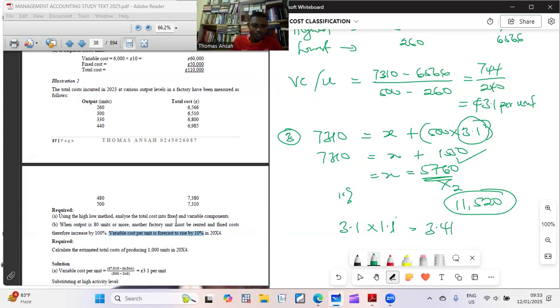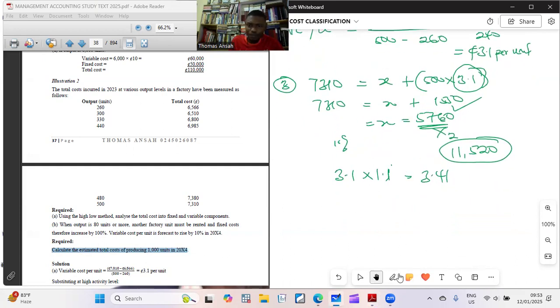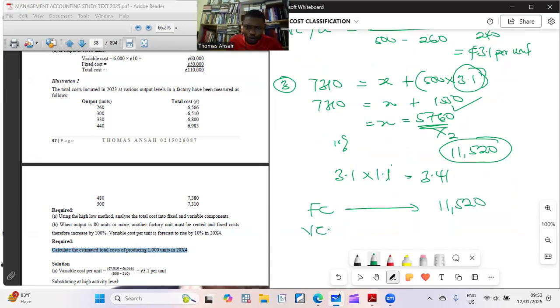And it says that we are required to calculate the cost of producing 1,000 units. If that is the case for the B part, it means that my total cost will be fixed cost, which has increased by 100%, which is 11,520. And my variable cost, don't forget, fixed cost, we are not interested in your level of activity.